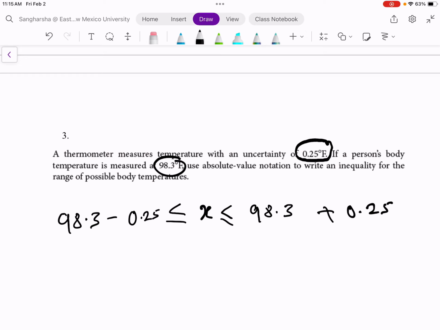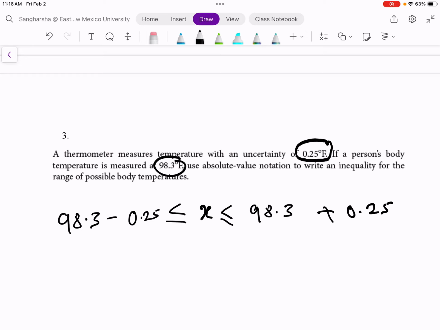So our x, our temperature, we use x to represent that temperature, and that temperature can be greater than or equal to 98.3 minus 0.25 or less than or equal to 98.3 plus 0.25. Now, how can we rewrite this one? Now, so we have 0.25, 98.3.